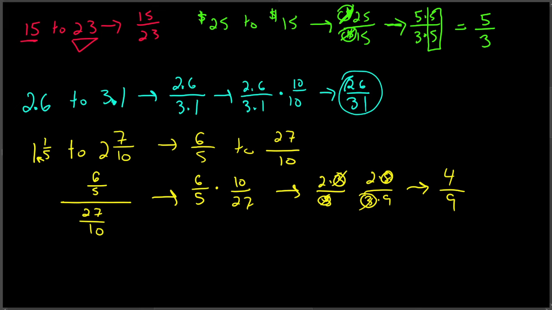Now, one of the historical places that ratios came up was early geometry. And so what we're going to do is look at some ratios that can be found in geometrical objects. If I have a rectangle that has a length of 7 feet and a width of 5 feet, I could ask myself, what's the ratio of the width to length?